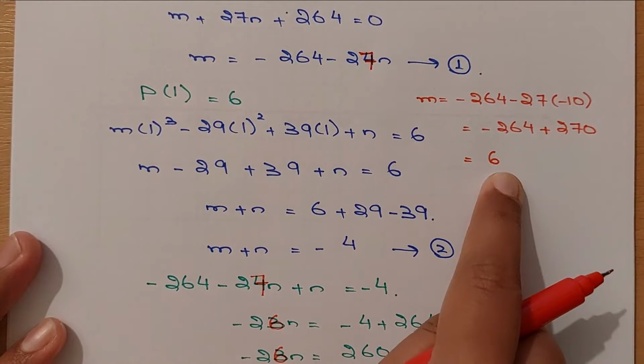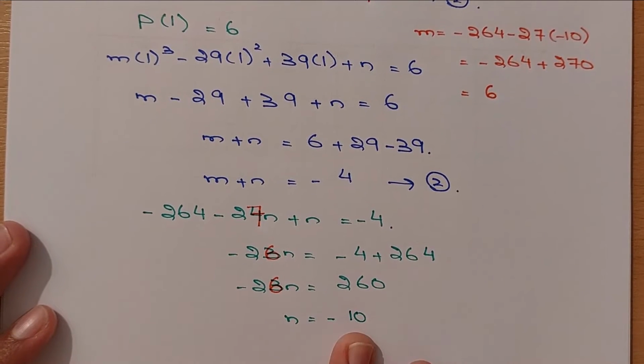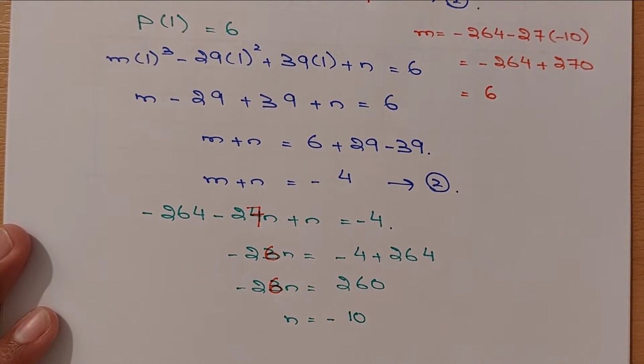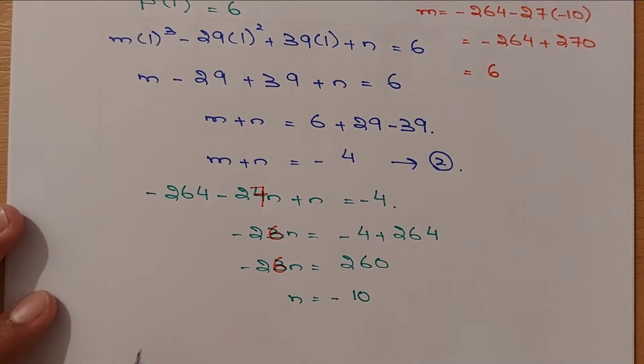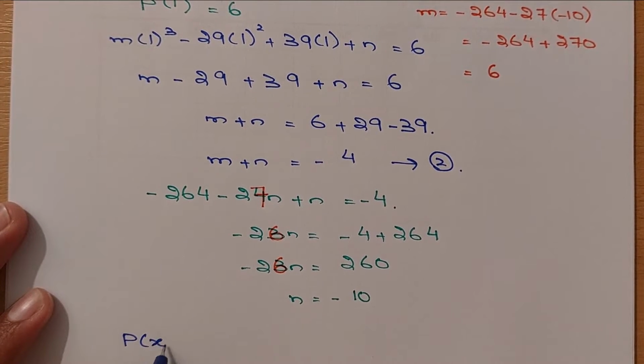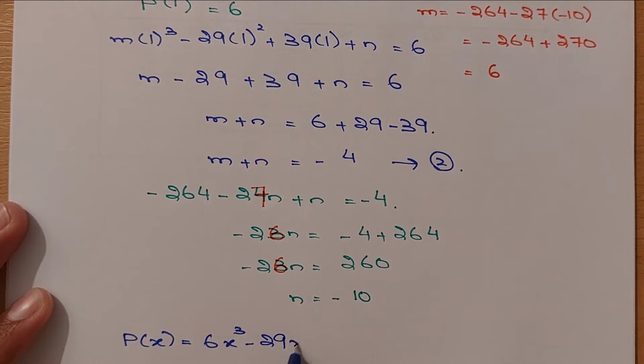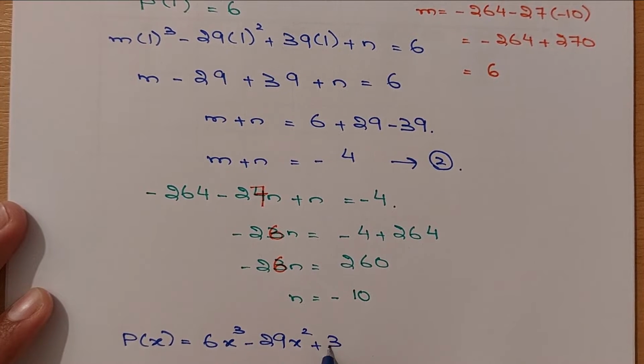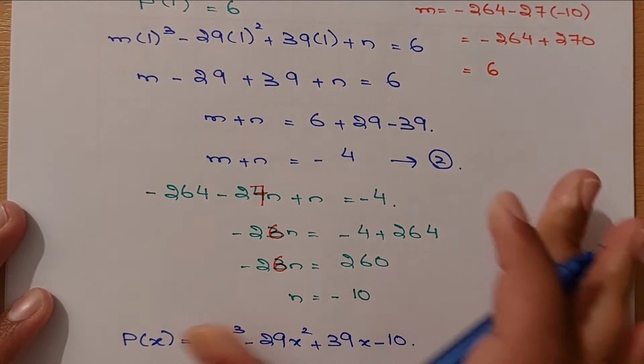So we can say m is 6 and the n value we got is minus 10. Now let me substitute the values for m and n. We will get the polynomial p of x, that is 6x cubed minus 29x squared plus 39x plus the n value, that is minus 10.